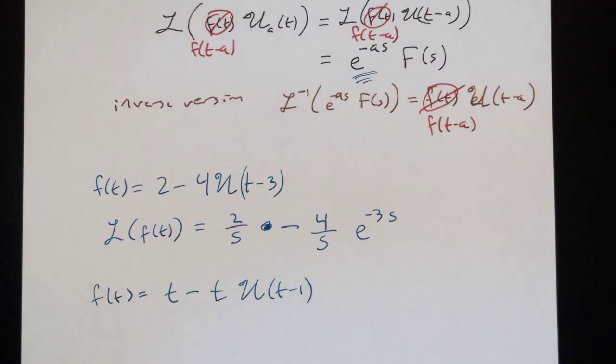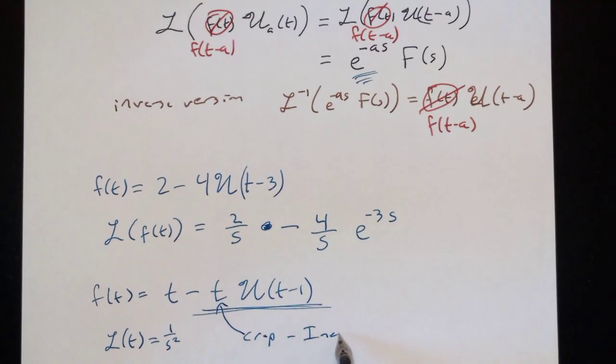What's the Laplace transform of t? But in order for me to do this part, the shift is t minus 1, which means the outside function needs to have t minus 1s in it. It doesn't, it only has t's in it, right? Crap. I need this in terms of t minus 1.